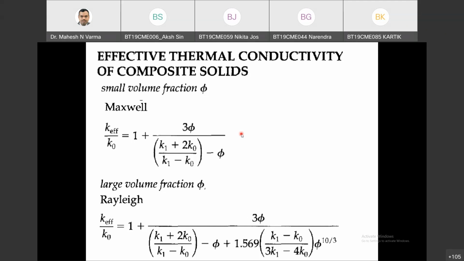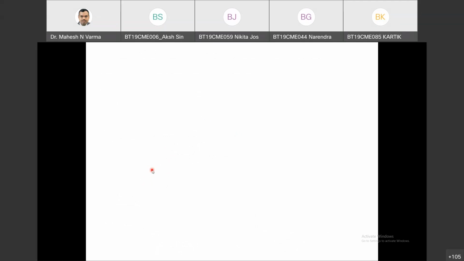With this equation you get the effective thermal conductivity of the composite solid, corresponding to the thermal conductivity of the base material, which is taken as K0, and K1 is the material added to it in volume fraction. So this will give me the effective thermal conductivity. This is all about thermal conductivity.